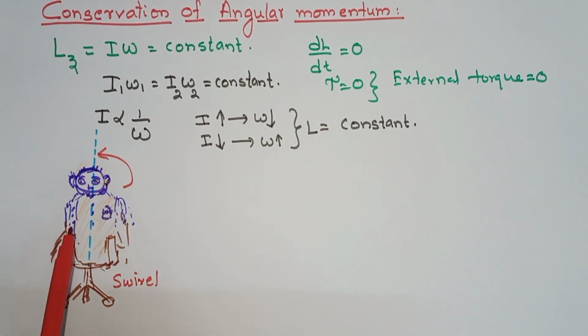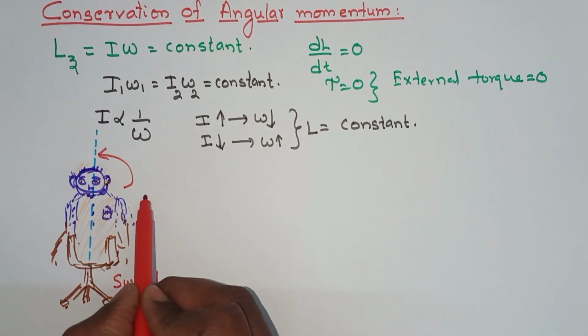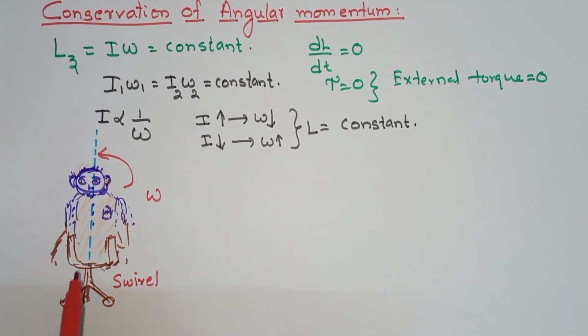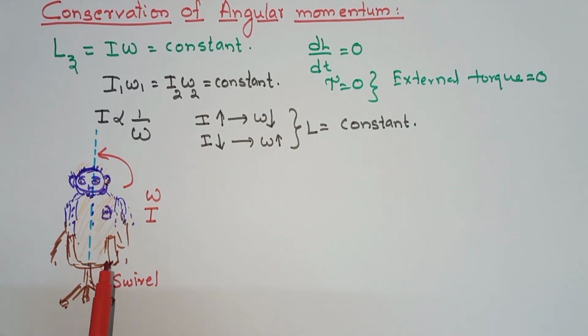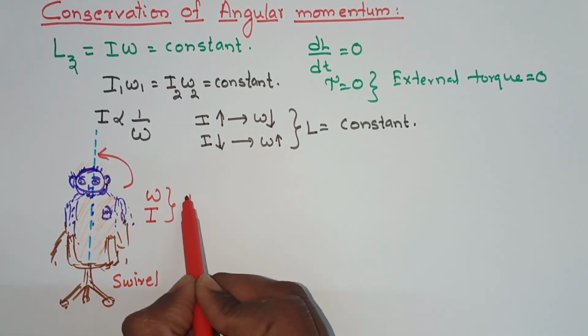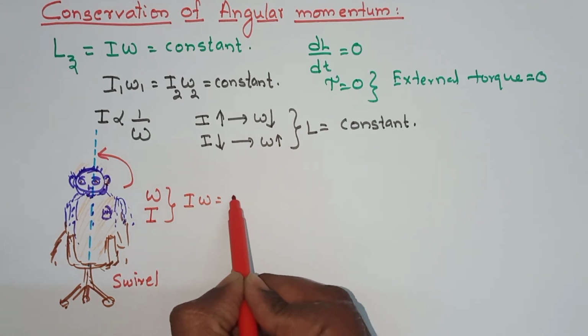This is the first condition, saying that his hands are closed, kept apart, so hands are not extended, like stretching arms. So hands are simply left over. Now this is omega, and the corresponding angular momentum of this body or person is I omega is equal to constant.